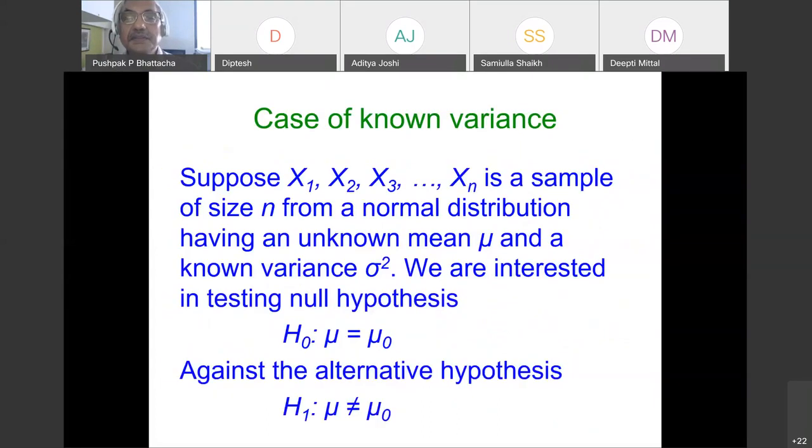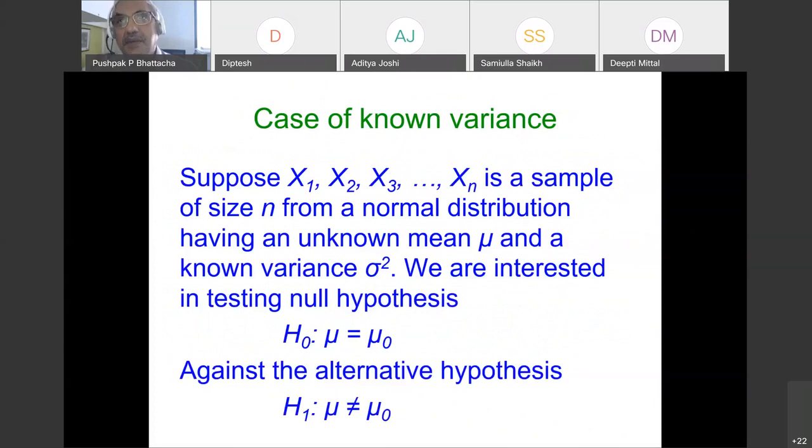Now the theory is this. We first discuss the case of a known variance. Suppose x1, x2, x3 up to xn is a sample of size n from a normal distribution having an unknown mean and a known variance sigma square. So for the cigarette company, n was 20.